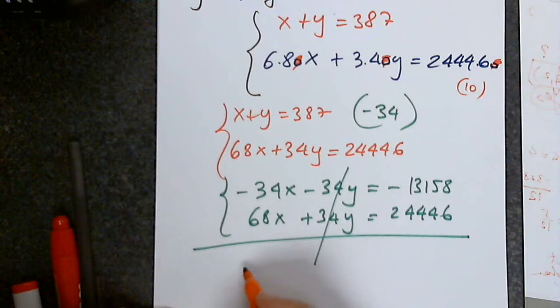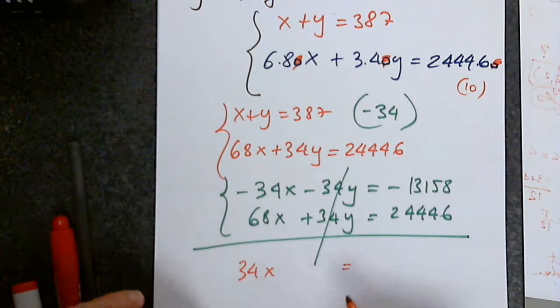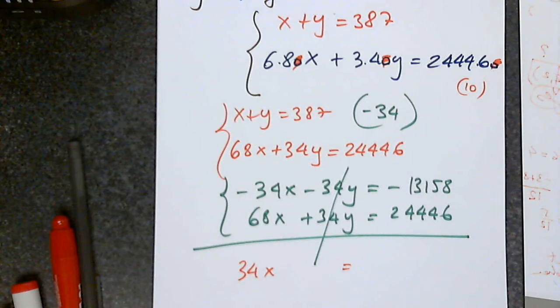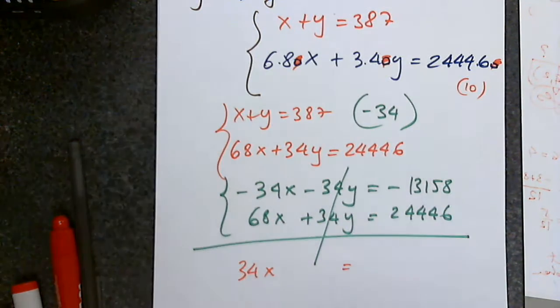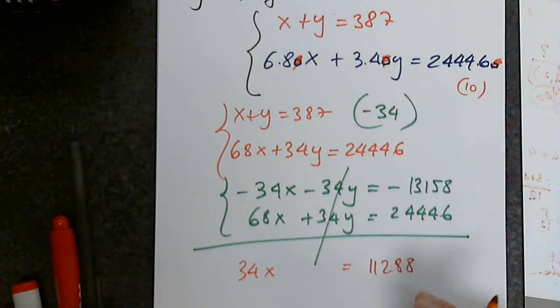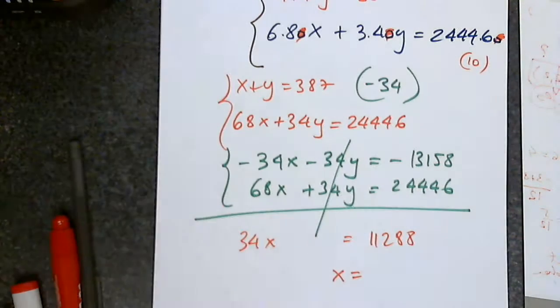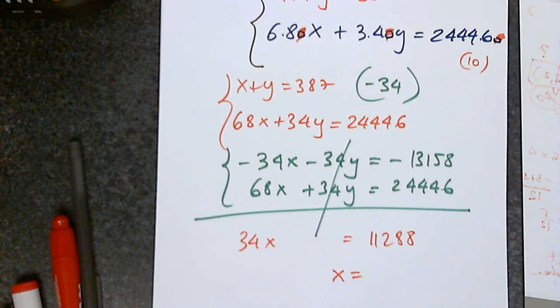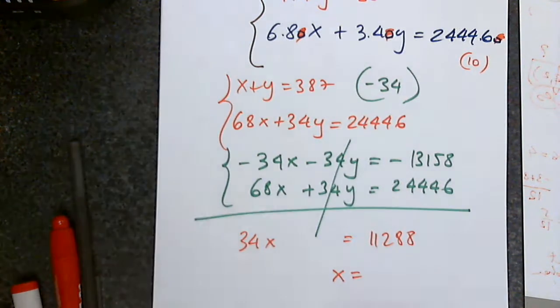And then I'm left with 34x equals 11288. Is that correct? Yes. Thank you very much. And then I will divide both sides by 34, and I got 332.